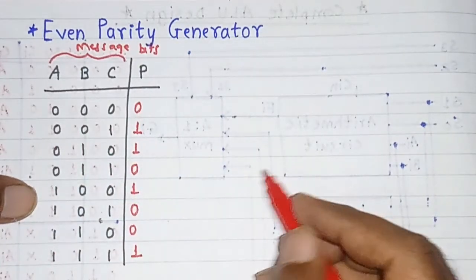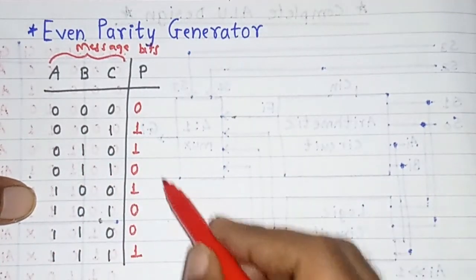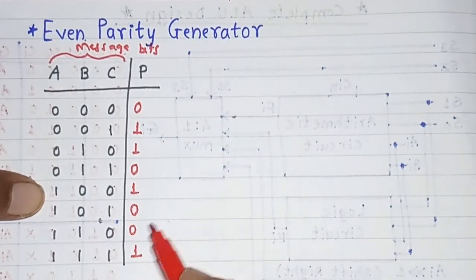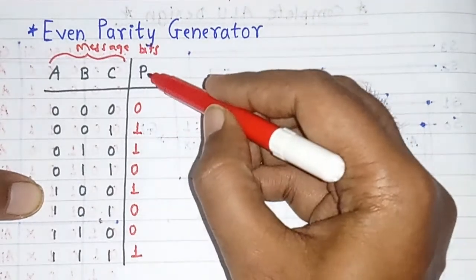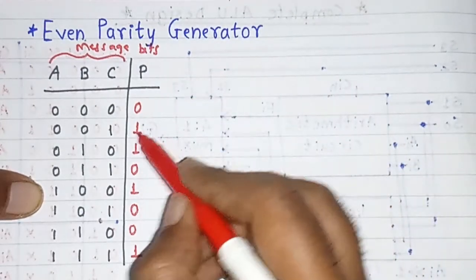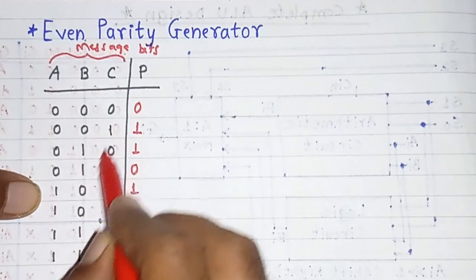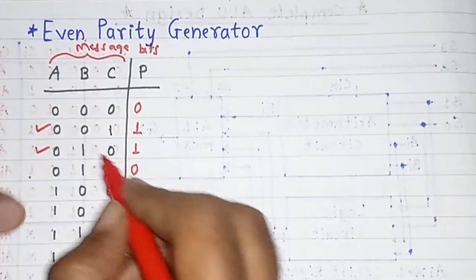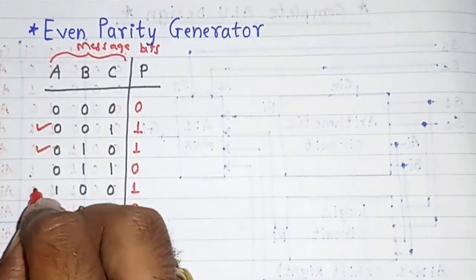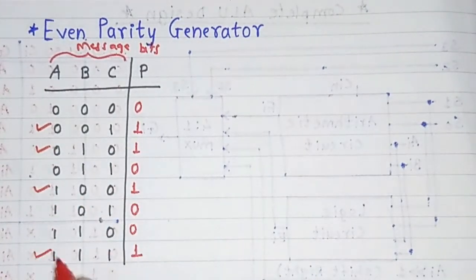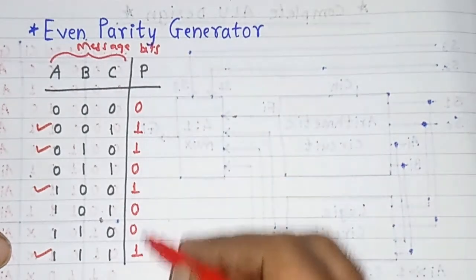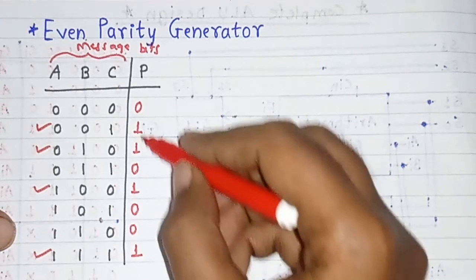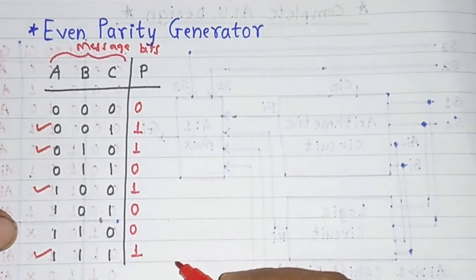Now to design this transmitter circuit, or parity generator circuit, just concentrate on when the parity bit is 1. For the combinations 0 0 1, 0 1 0, and the other combinations where the output is 1, we can directly say that this is the truth table of an XOR gate.